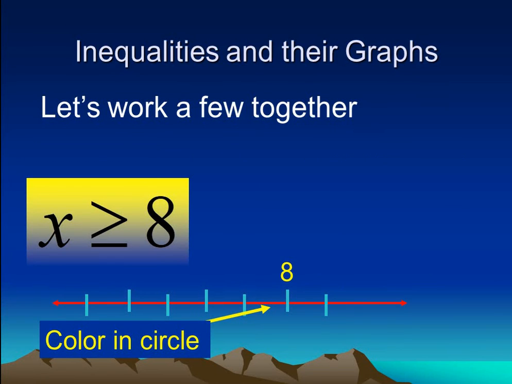Look here, miss, x is more than or equal to 8. So 8 is one of the solutions, right? When I substitute or plug in 8 instead of x, it will be 8 is more than or equal to 8, which is correct, because I have an equal sign here. So to graph it, I should put a solid, filled-in, colored circle at 8 and look for numbers that are more than 8.